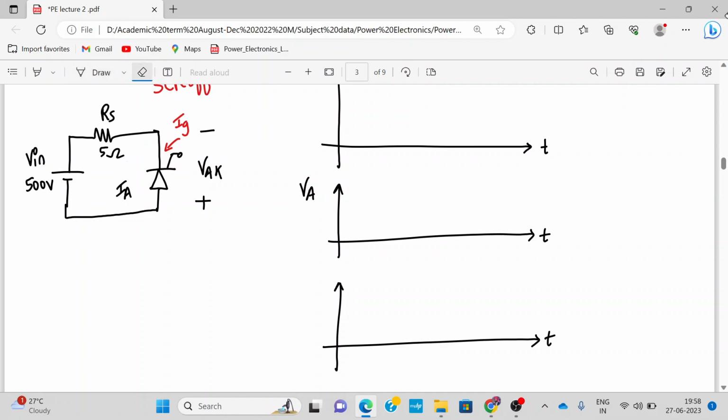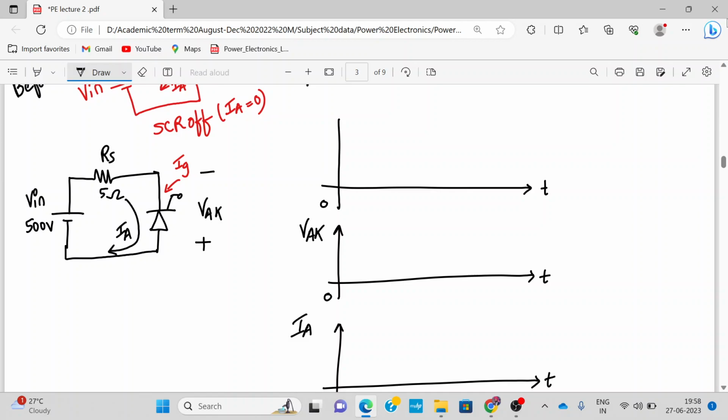Alright, let me draw it properly. The current which should flow in the circuit. Alright, so that is IA. This is VAK. So let's apply a trigger pulse after a delay. So let's say this is my trigger pulse. This is IG.